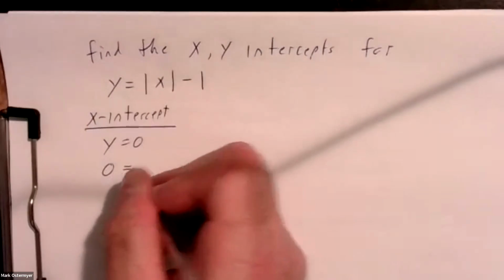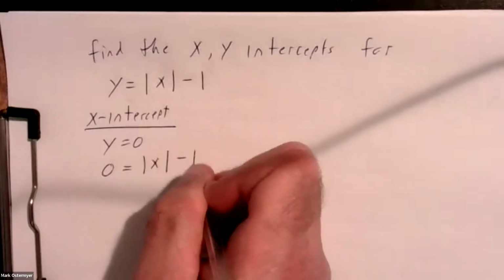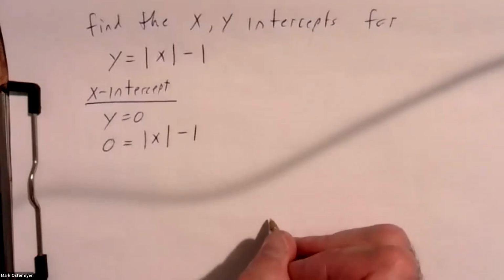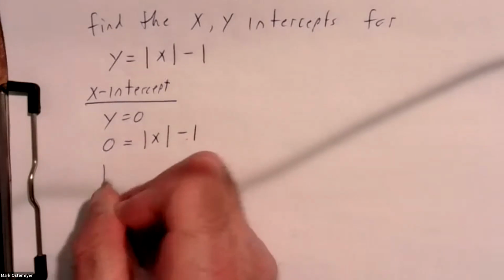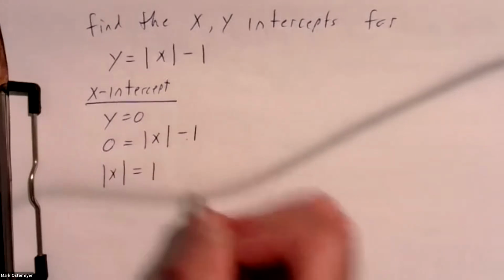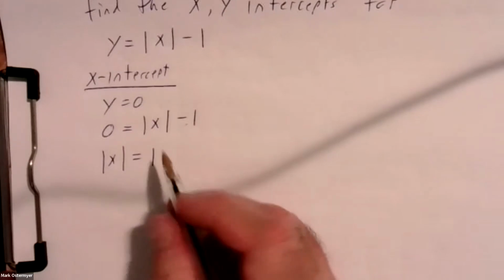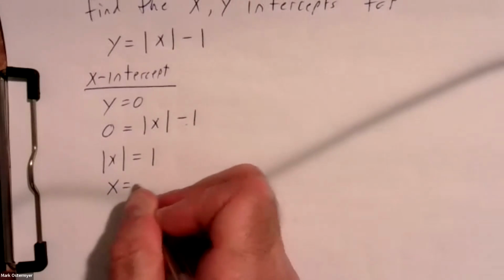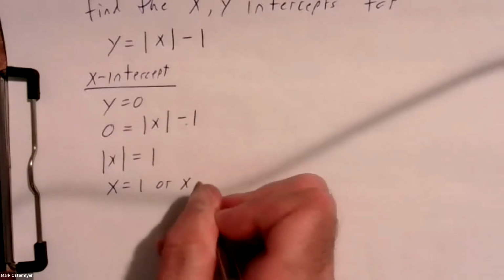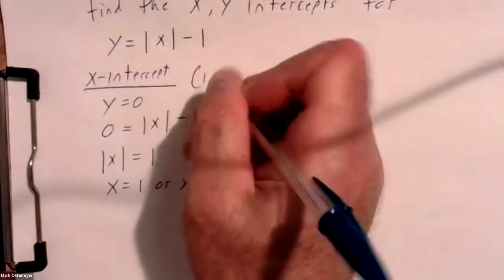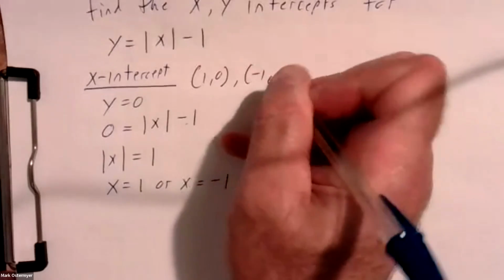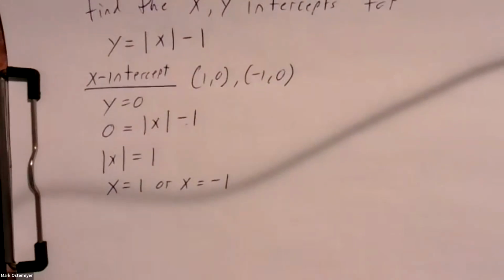Set y equal to 0, and now we have to solve this absolute value equation. To solve this absolute value equation, we want to isolate the absolute value, so we add 1 to both sides, and we have the absolute value of x is equal to 1. Dropping the absolute value symbols, we see therefore that x has to be equal to positive 1, or x equals what? Negative 1. So we have two x-intercepts, 1, 0, and negative 1, 0. Those are the two x-intercepts.